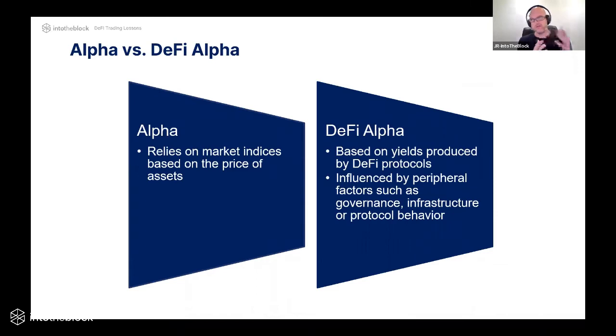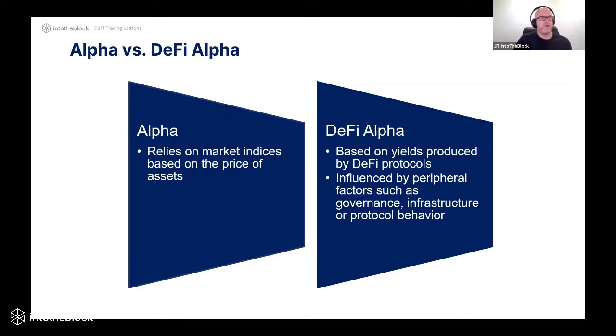Holding UNI or holding COMP or CRV is not a one-to-one representation of the yields that you can obtain in those protocols. So the concept of an index is completely messed up in DeFi, and by proxy, the concept of alpha is really undefined. The notion of alpha is really beating the yields that you can get by just putting capital in a specific protocol. So even mathematically, it's way more complex than a formula that you would use for a traditional market index. I hope that makes sense.